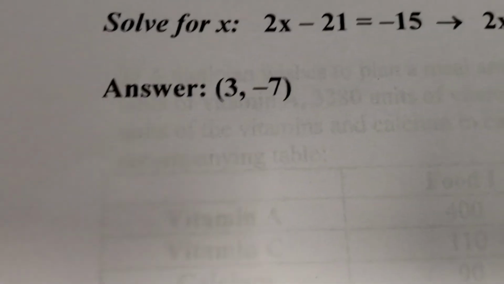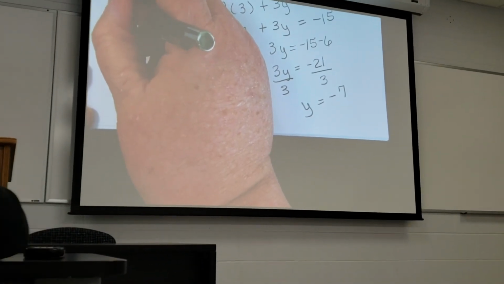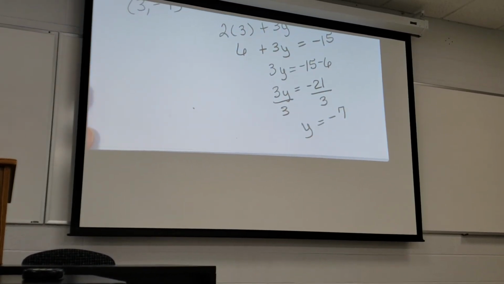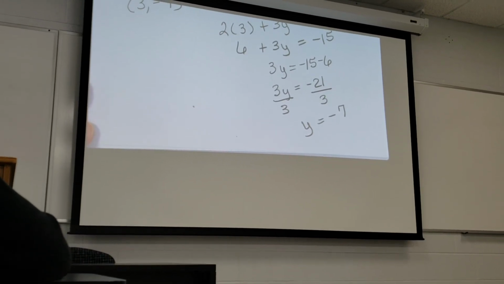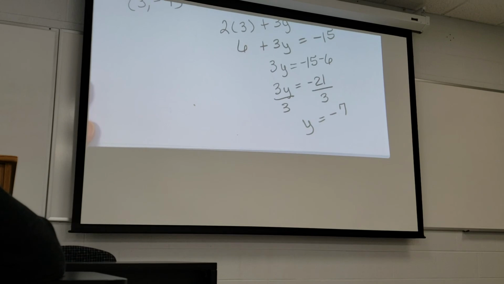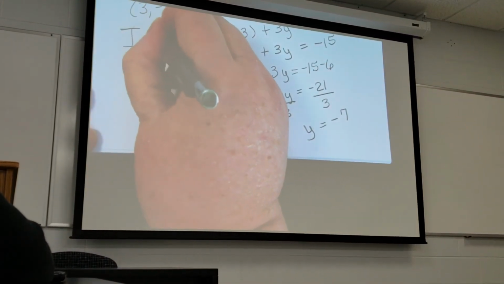What type of system? Independent. All of you should now be saying independent, because all we're doing right now are independent systems. If I get an answer, it is independent. So this is an independent system.